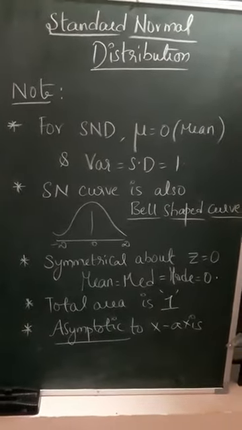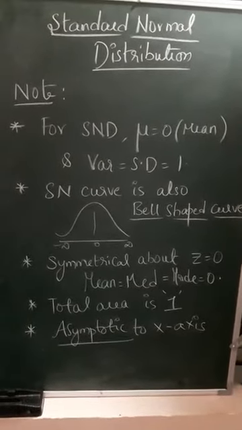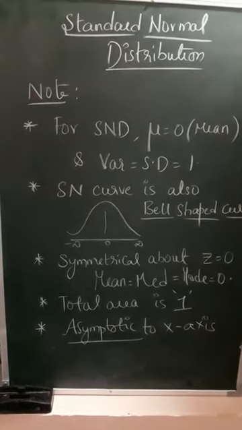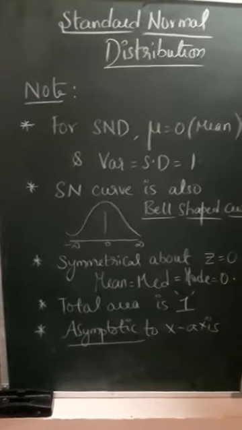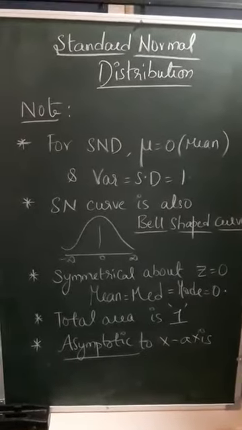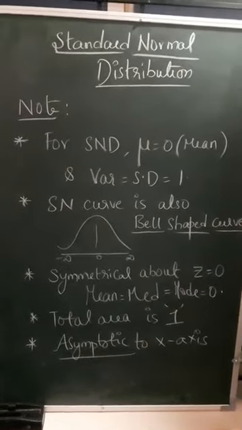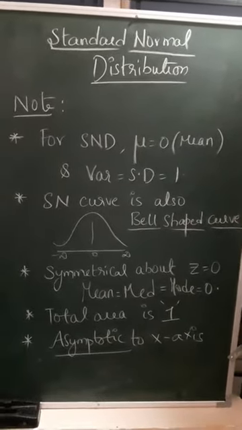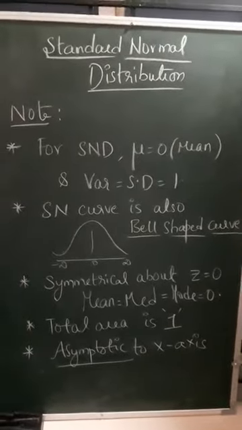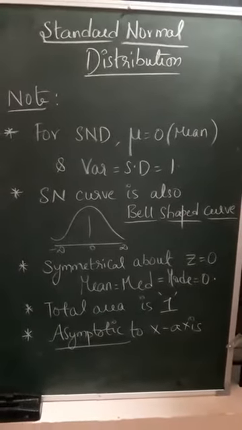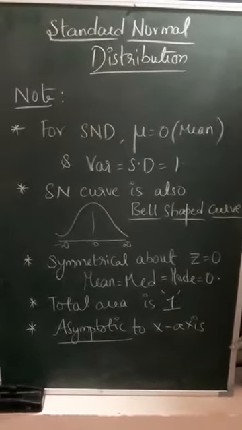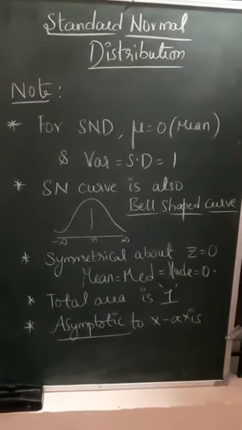Look at the first property. For standard normal distribution, the mean mu is 0 and variance and SD are both 1. Do you remember Poisson distribution where mean and variance are equal? But here in standard normal distribution, variance and standard deviation are equal. Both sigma and sigma square are 1. So that is the first property.